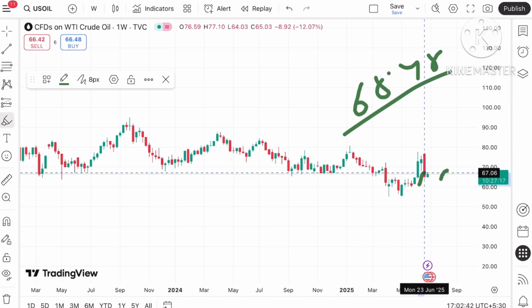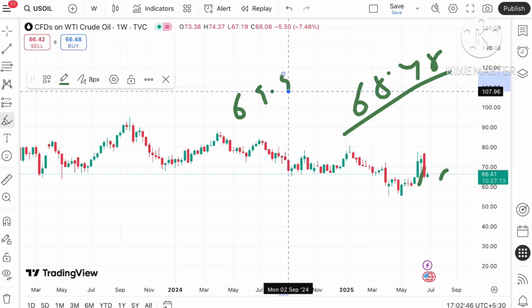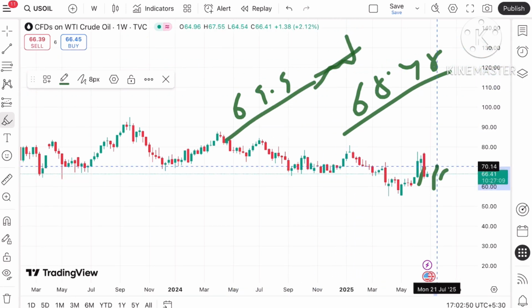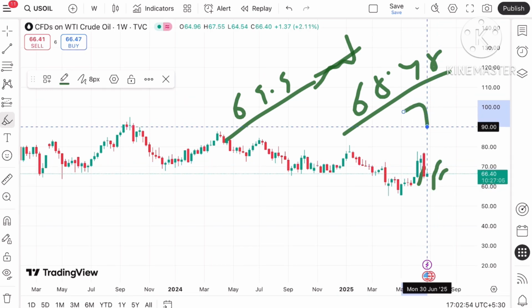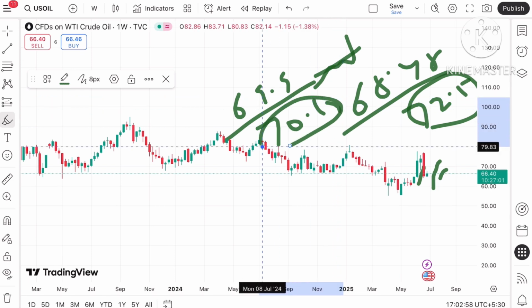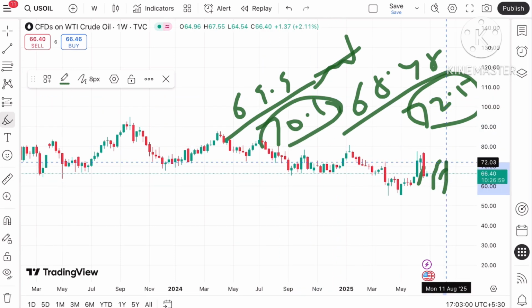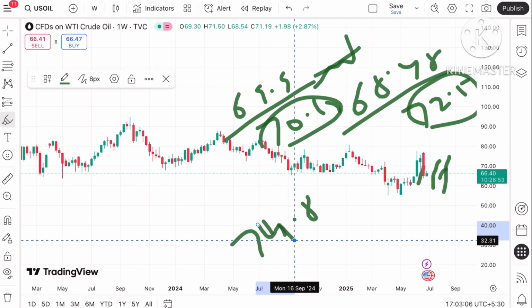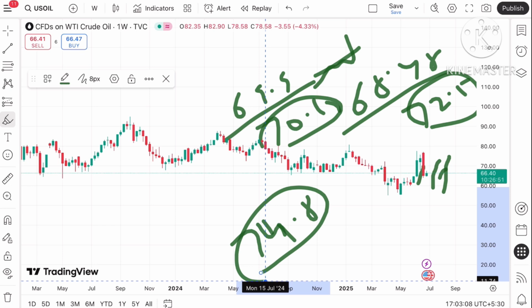If the price moves above that level, the price can rise towards 69.9, and this level is already tested, so the price will rise further upside, and it can move towards 70.14, then to a level of around 72.5. After that, a further upside can be seen towards a level of around 73.6, then to a level of $74.8. If that sustains, we can see a further upside.